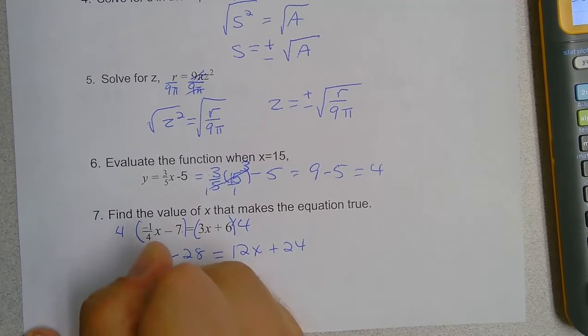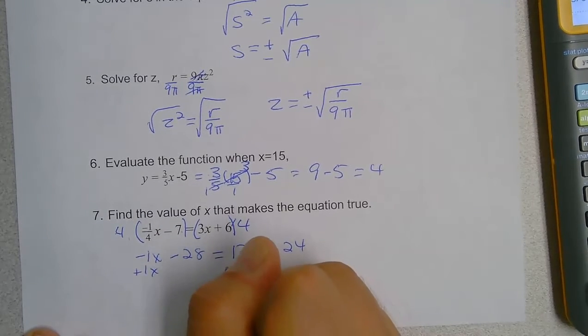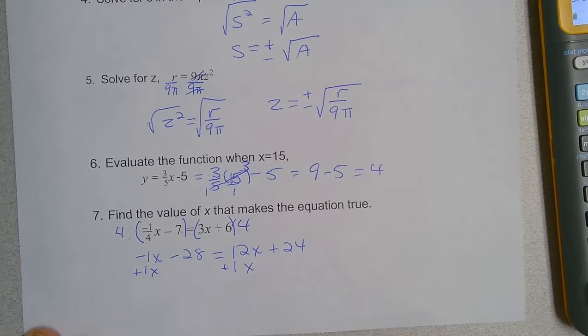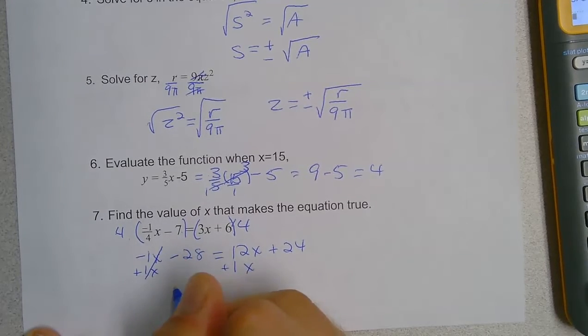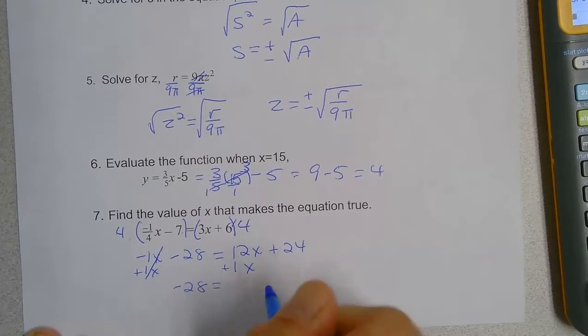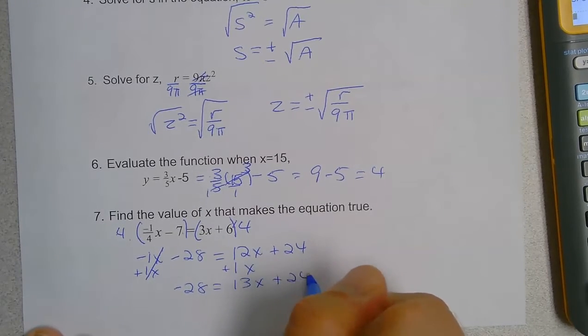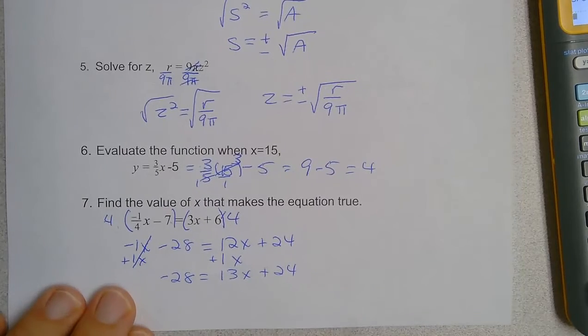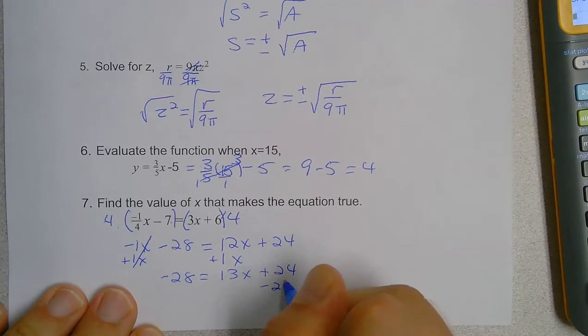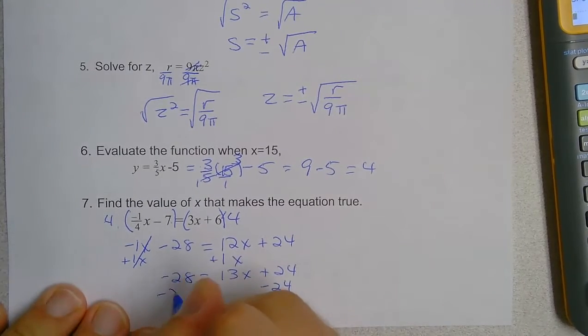Then from there, you would add 1x to both sides. And you would have negative 28 equals 13x, and then plus 24. Then you minus 24 from both sides.